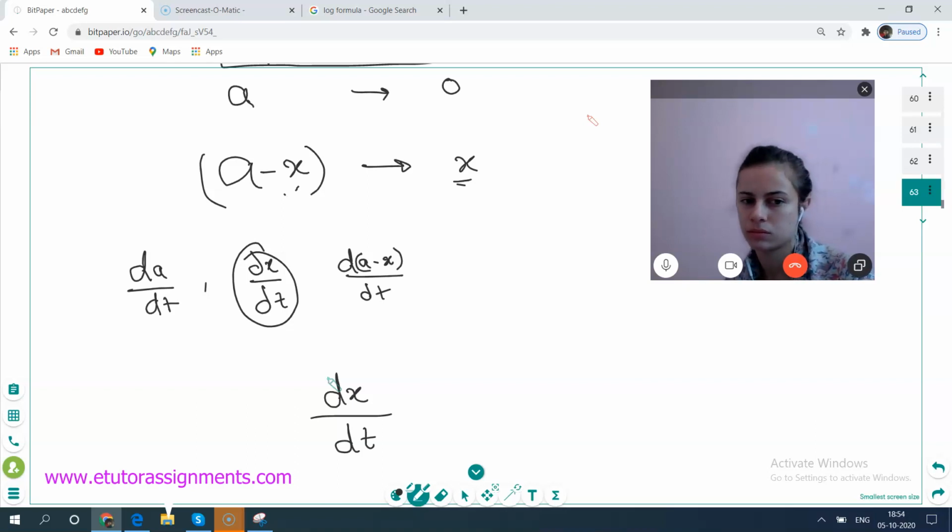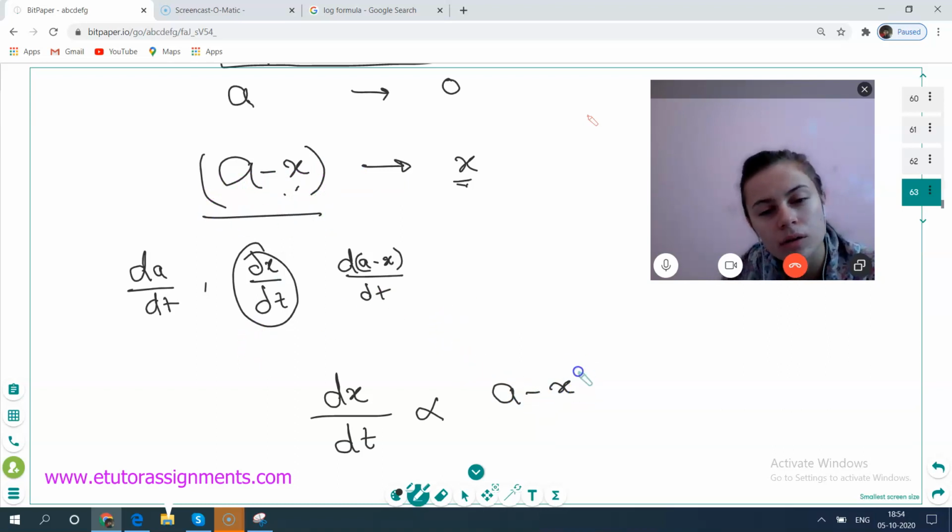So what does the law of chemical equilibrium say? The rate of reaction is directly proportional to the concentration of the reactants, not the product. What is the concentration of the reactants here? A minus x at a certain time.